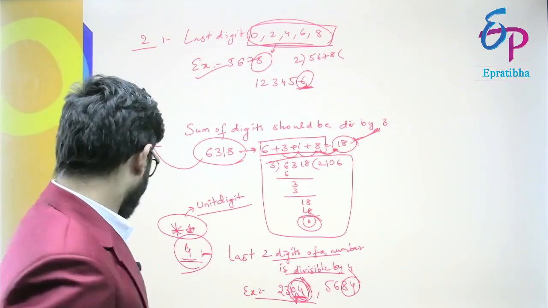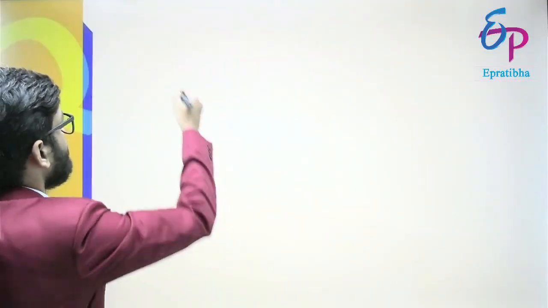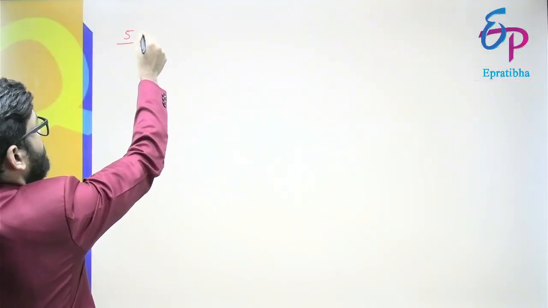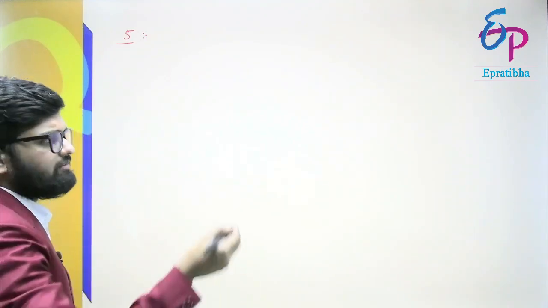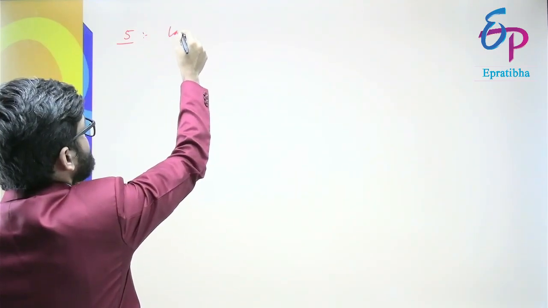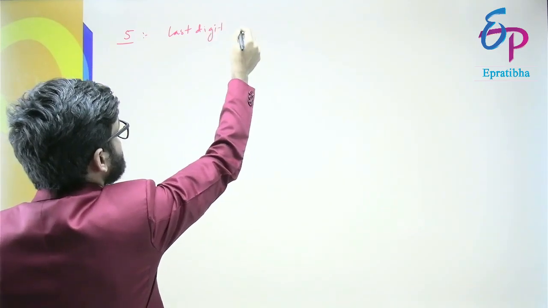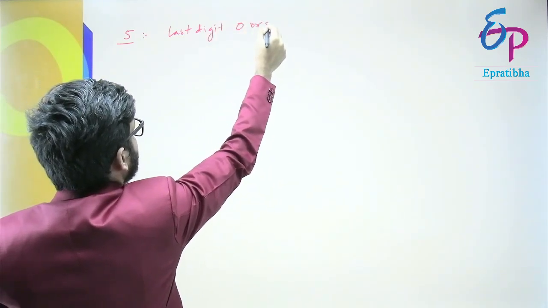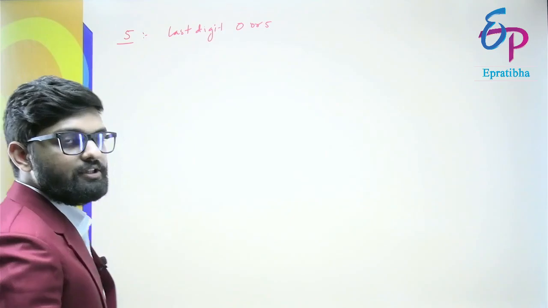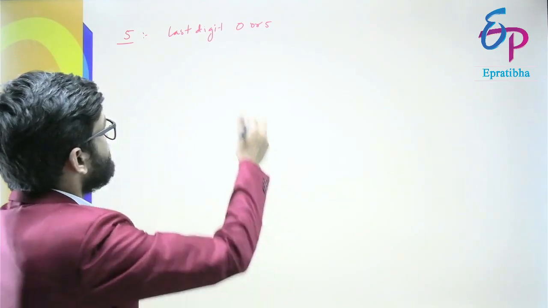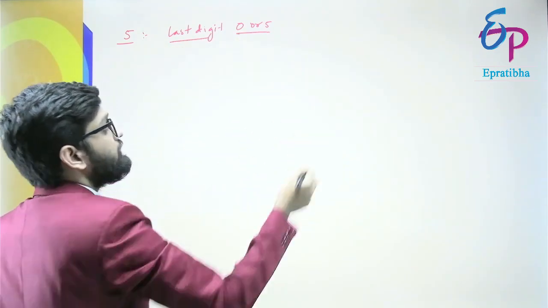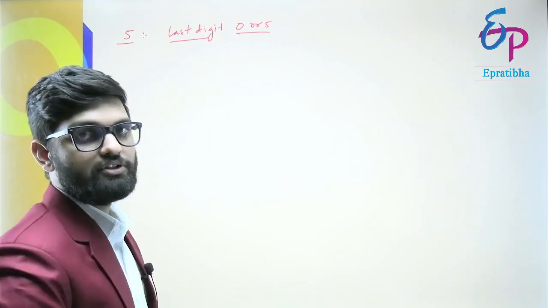So moving on. Now how can you tell whether a number is divisible by 5 or not? This is very simple. The last digit should be 0 or 5. If the last digit of that number is either 0 or 5, then you can tell that the entire number is divisible by 5.